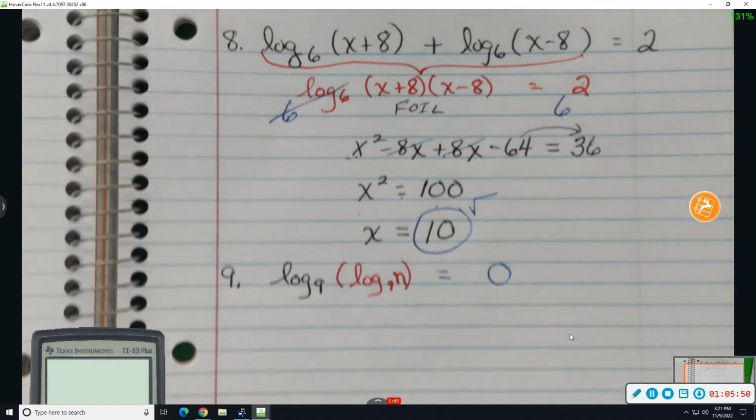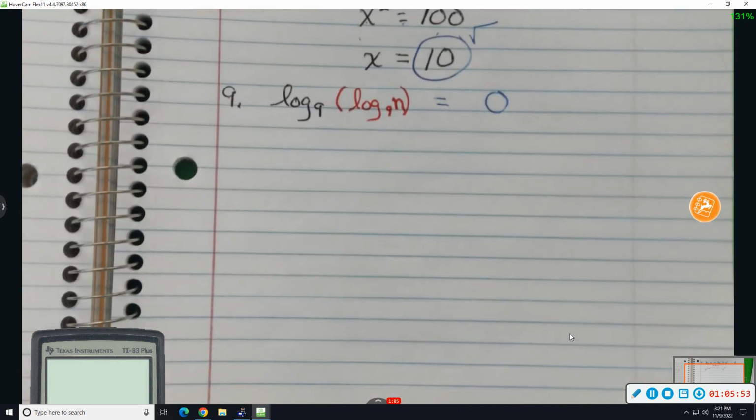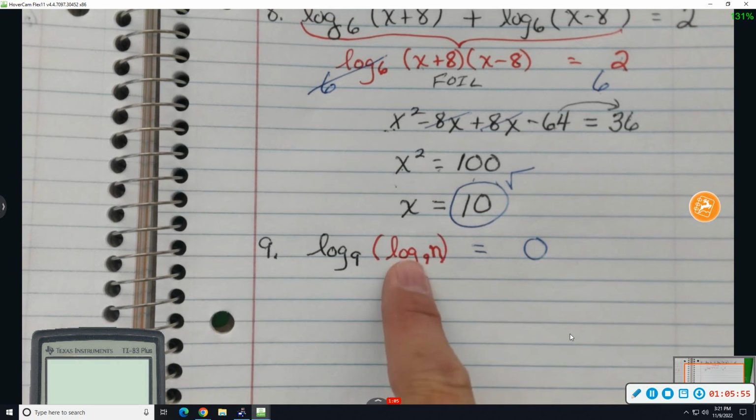Let me lift this up. This one's different from the other ones, the way it says log, log.